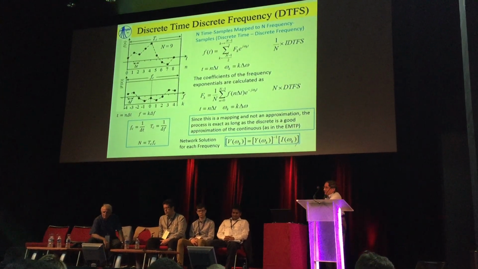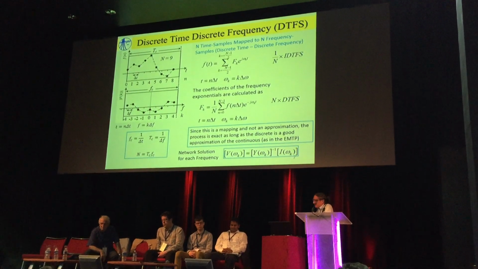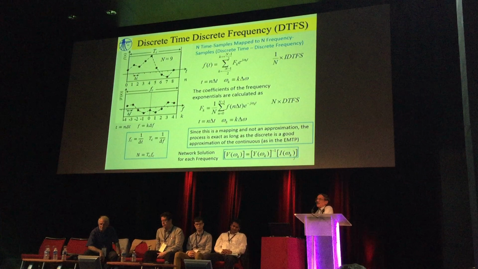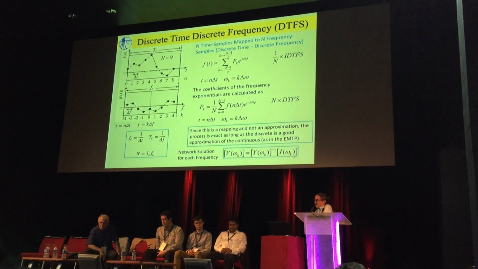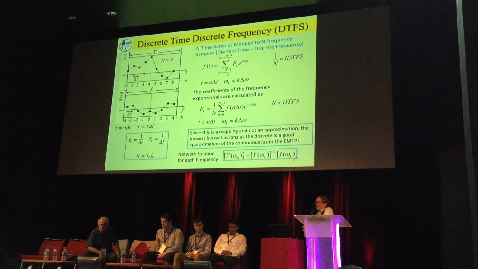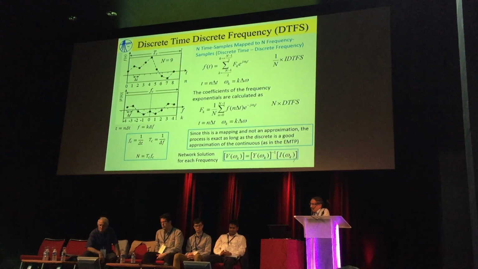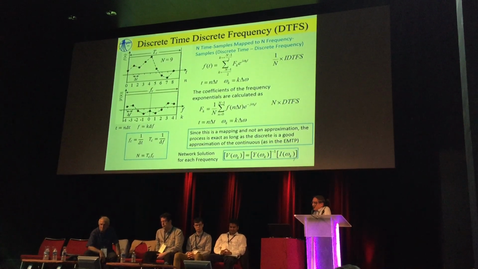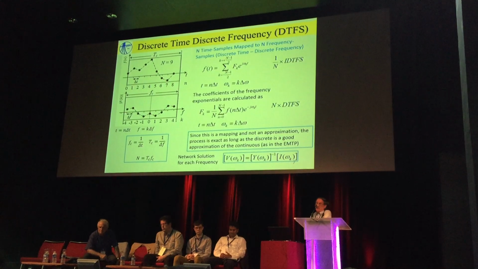In the method that we propose now, which is as old or older than the other methods, it's based on digital signal processing. If you have a finite number of samples in time, say I have nine samples here in a certain time window, you can match exactly each one of these time samples using 9 frequency components.